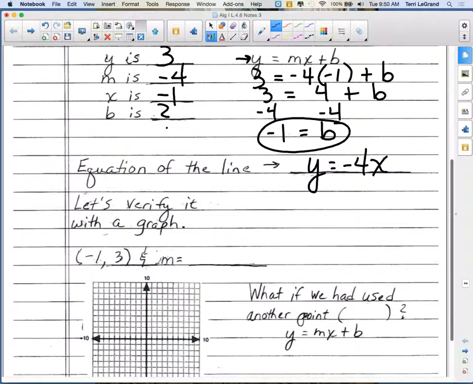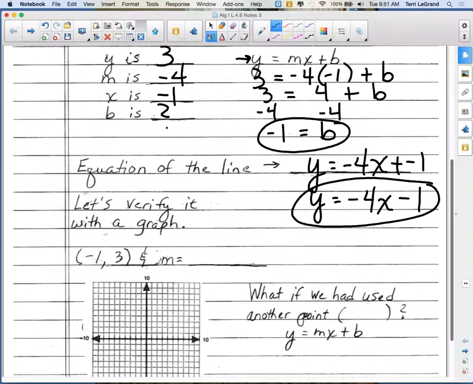That is not going to change. What else is not going to change? The y-intercept of -1. We know the slope is -4, and we know that any ordered pair that is substituted into that to make it true is also on that line. Let's clean that up. y equals -4x minus 1.